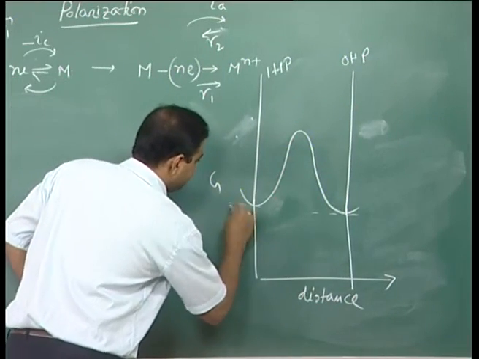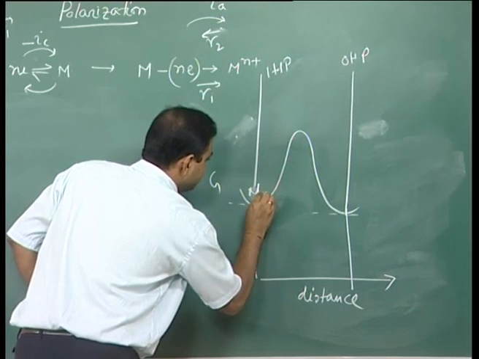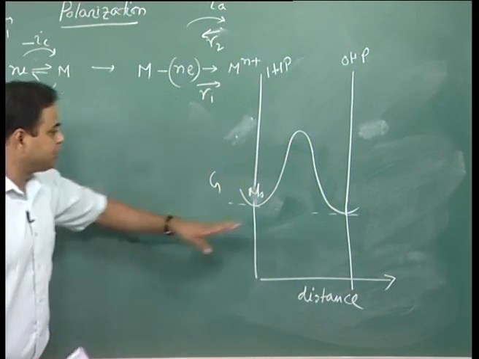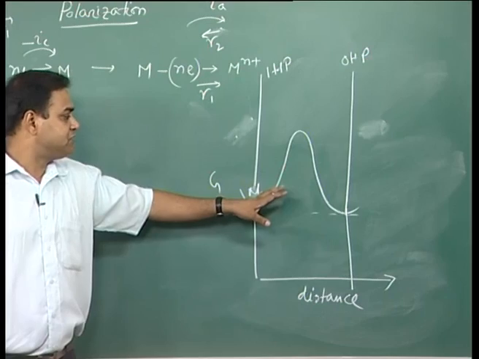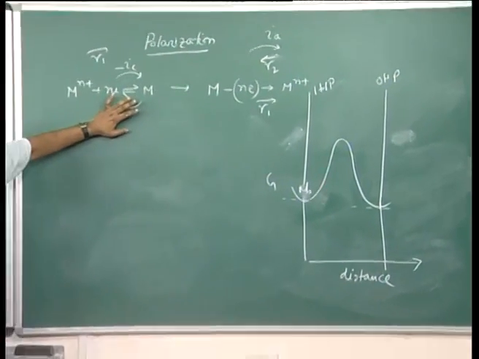Here we have the metal atom in the elemental condition, and that we are putting as 0, because we are considering the equilibrium concept.